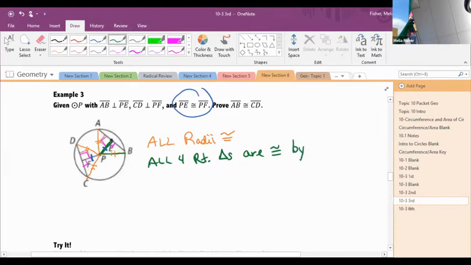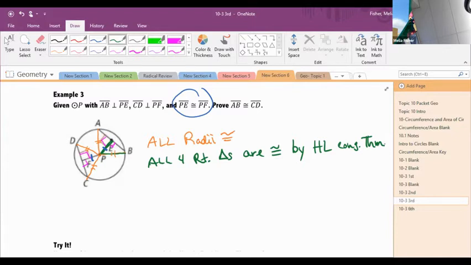So if I know a hypotenuse and I know a leg, we have the hypotenuse leg congruency theorem, right? You might have forgotten that. But you'll notice as we move through geometry, we just keep bringing it back.